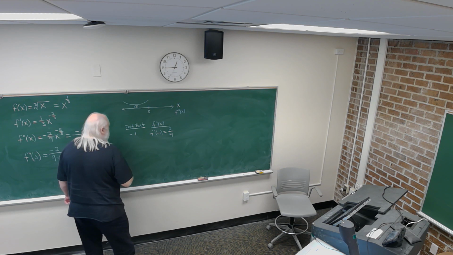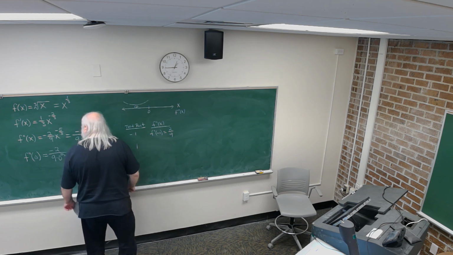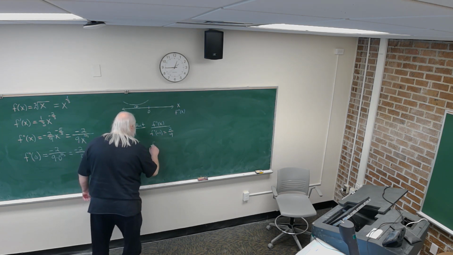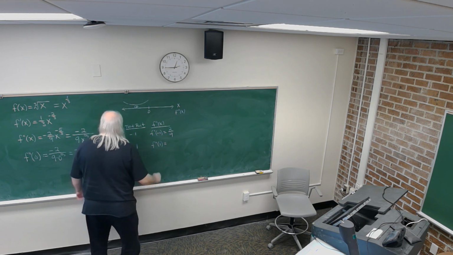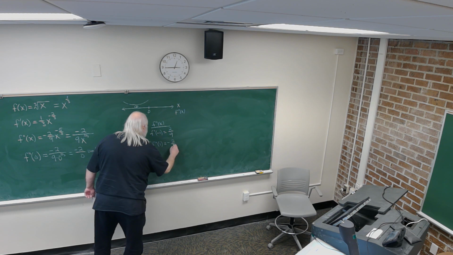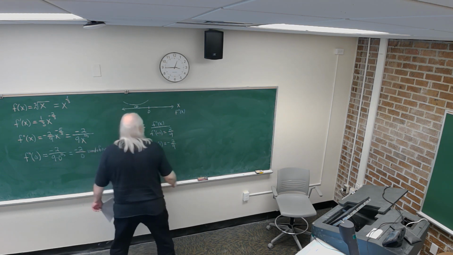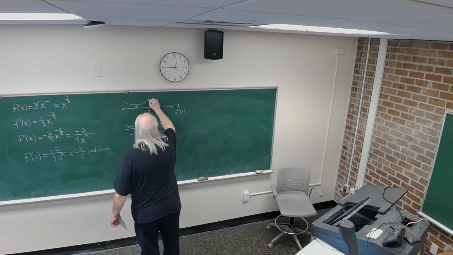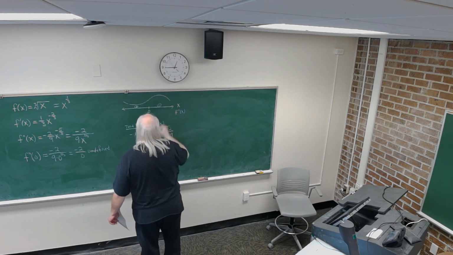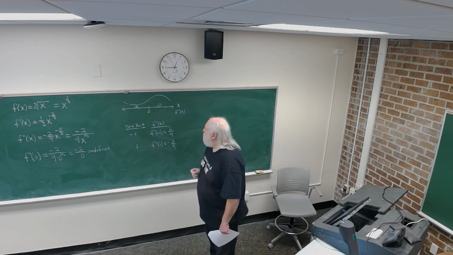To the right of x equals 0, you can use +1 as your test point, and the second derivative evaluated at x equals 1 is equal to -2/9, negative. So the graph is concave down to the right of x equals 0.